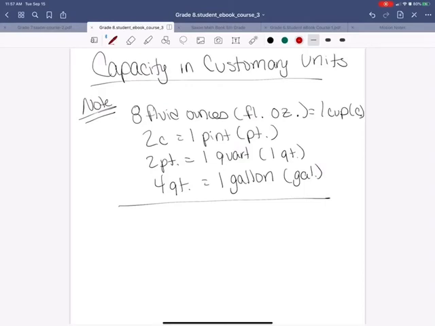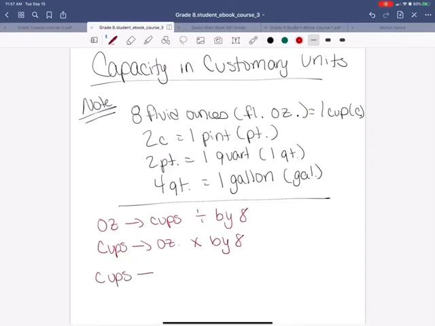One thing is, if you're going from ounces to cups, you're going to divide by 8. If you're going from cups to ounces, you're going to multiply it by 8. If you're going from cups to pints or quarts, you're going to divide by 2.